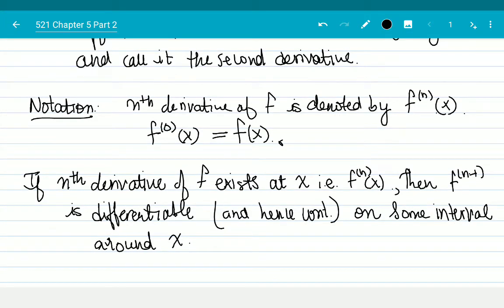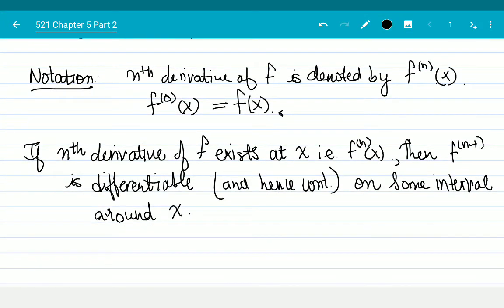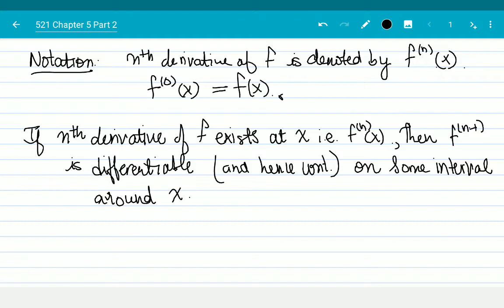Okay, so we can assume that whenever the nth derivative exists, I can find some interval where it is continuous and differentiable. Then Taylor's theorem.